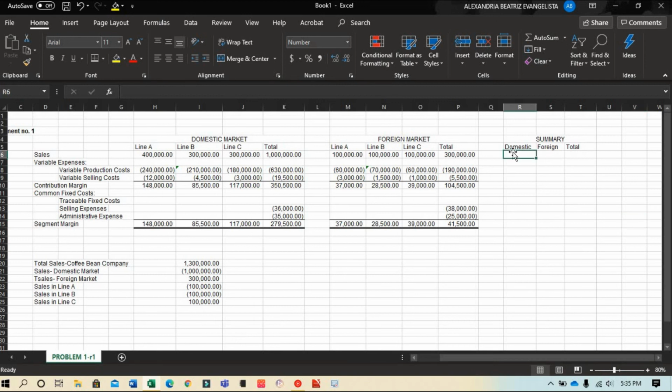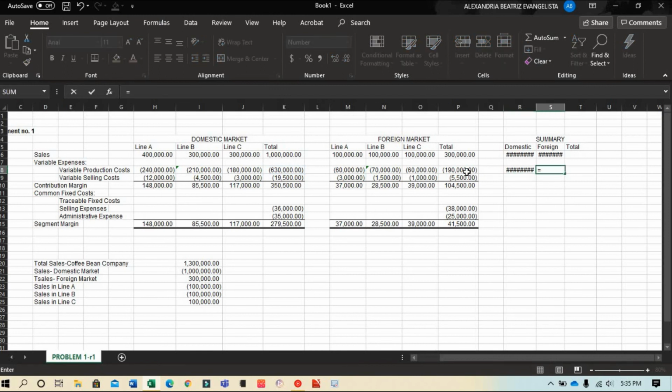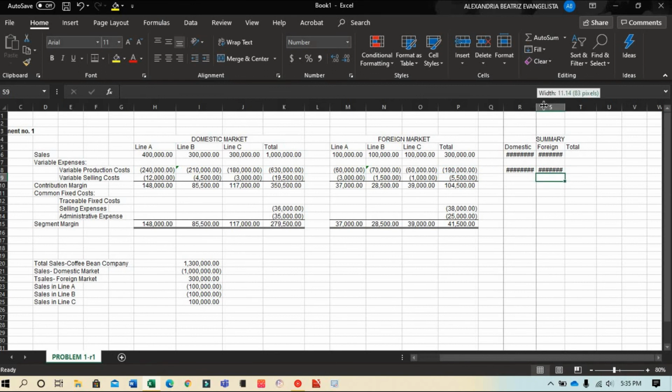So we're just going to copy total sales for domestic, which is $1 million. For foreign, it is $3,000. And then for the variable costs, a total of $630,000 for domestic and $198,000 variable production cost under the foreign market.